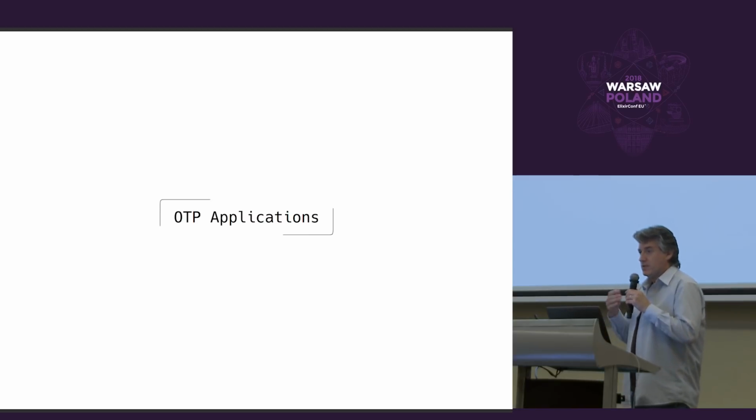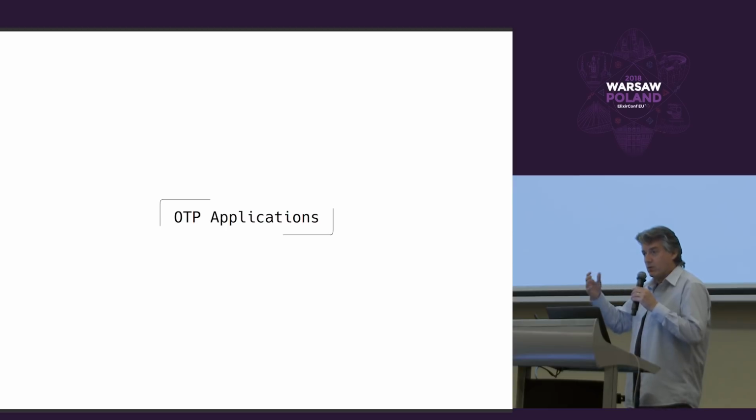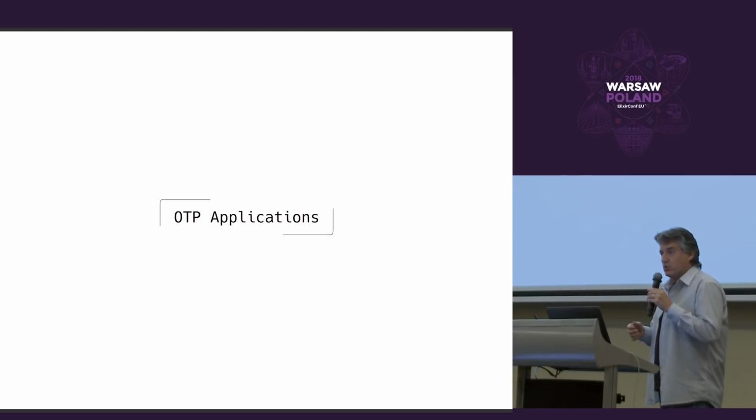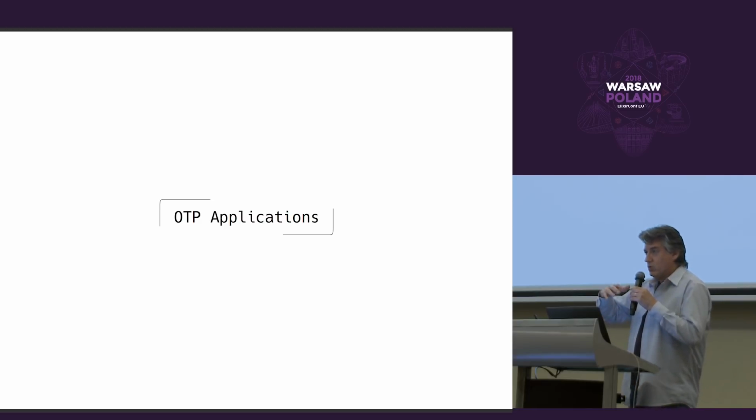But OTP is much more than that module collection. There's also a set of design principles that tell you how to organize an Erlang node, how to organize a set of components that build your application in the traditional sense of the word.